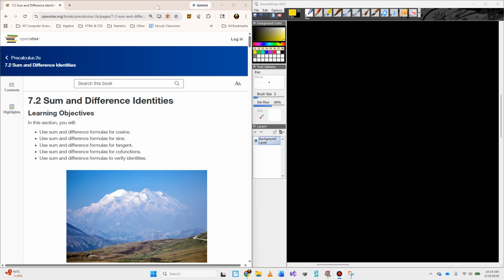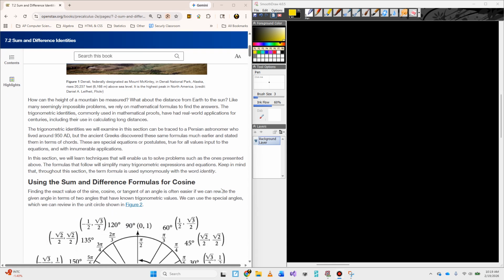We might have to manipulate a few things, change a few things, and now suddenly we find that we're actually moving in the right direction. Sum and difference identities can help us with these particular problems.